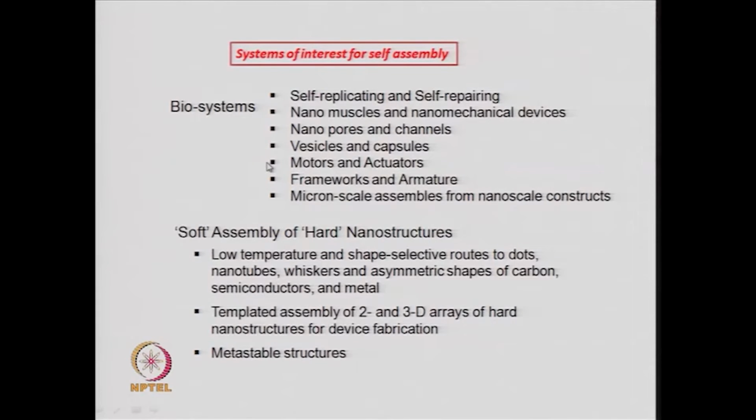Further, we can build micron scale assemblies from nanoscale constructs, and then you have soft assembly of hard nanostructures.